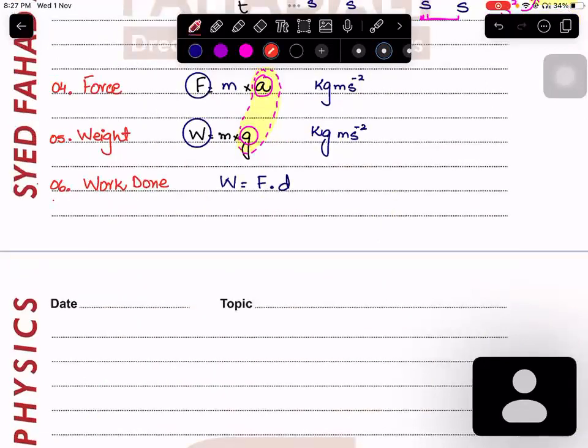Aiza, force is kg m s^-2 and distance is meter.